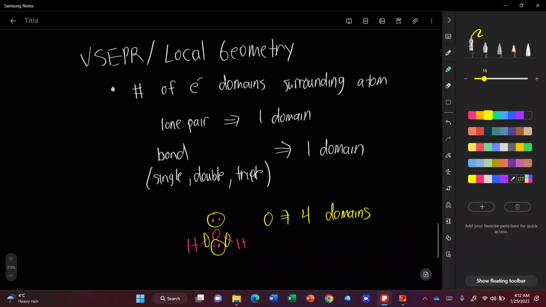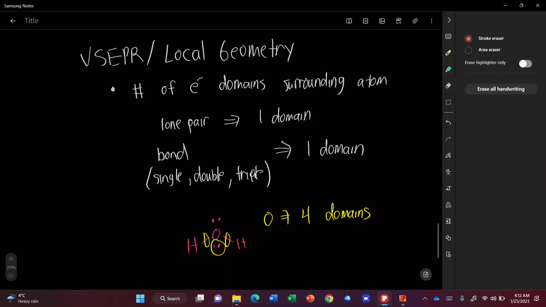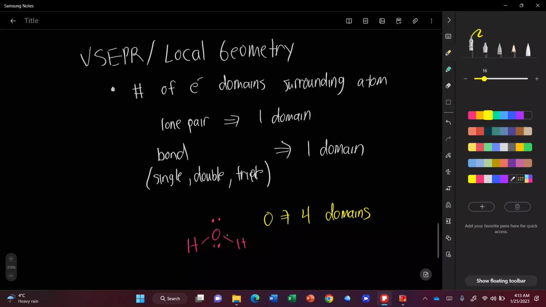If I were to do the hydrogens, okay, this hydrogen has 1 bond, that hydrogen also only has 1 bond, no lone pairs, so the hydrogens have one domain. Okay.